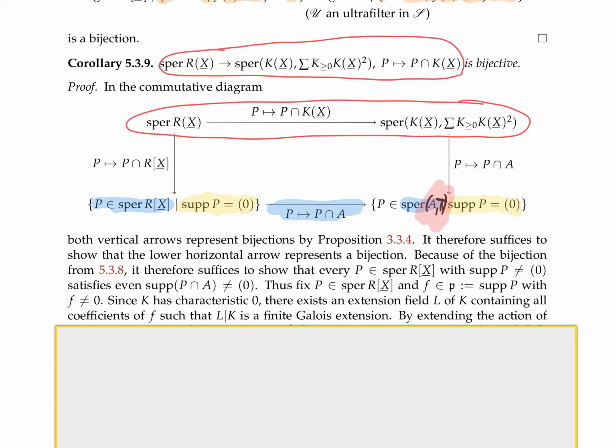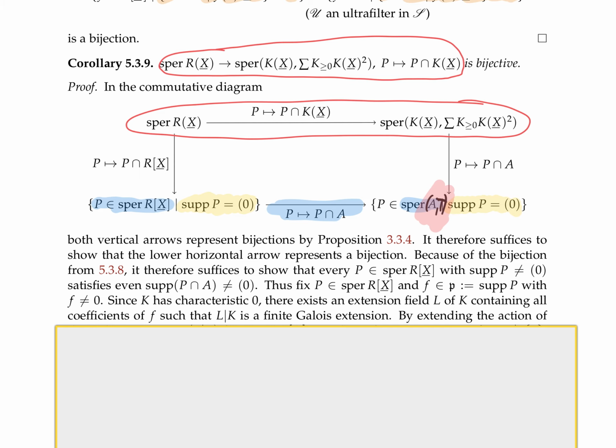Okay, so I take this finite Galois extension L over K that contains all the coefficients of F, right? As I said, L is not necessarily contained in R, but it's contained in the algebraic closure of K.